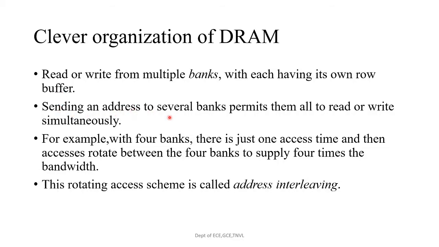Sending an address to several banks permits them all to read or write simultaneously. For example, with 4 banks, there is just one access time and then accesses rotate between the 4 banks to supply 4 times the bandwidth. This rotating access scheme is called address interleaving.